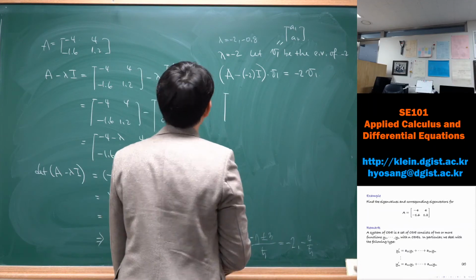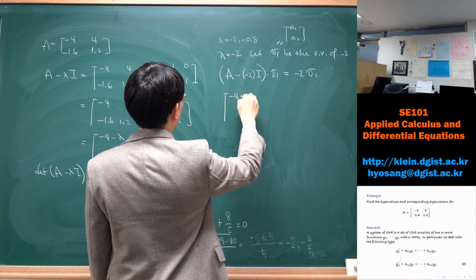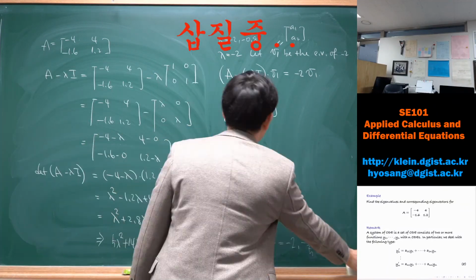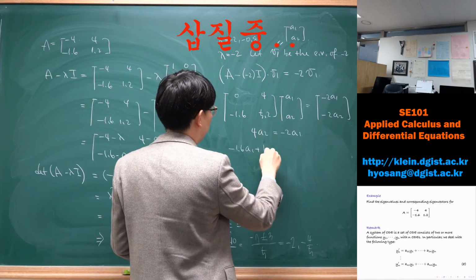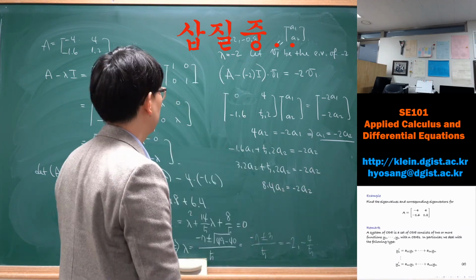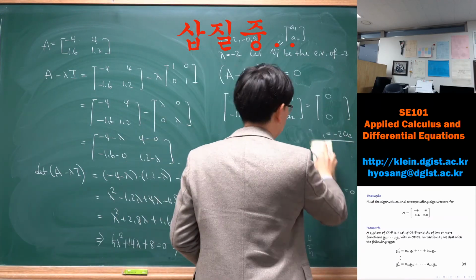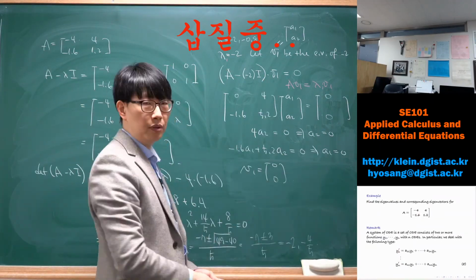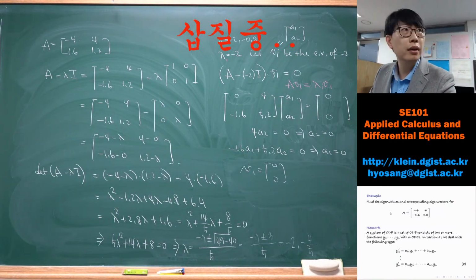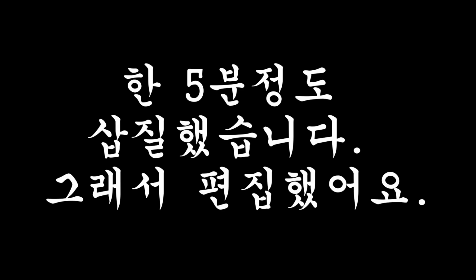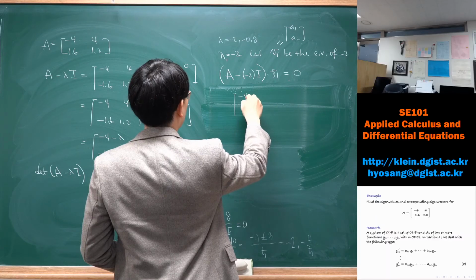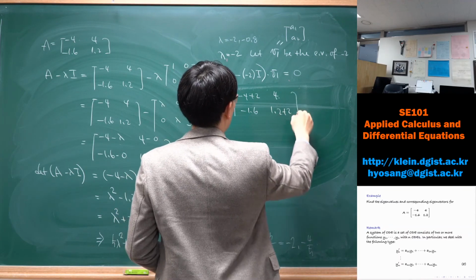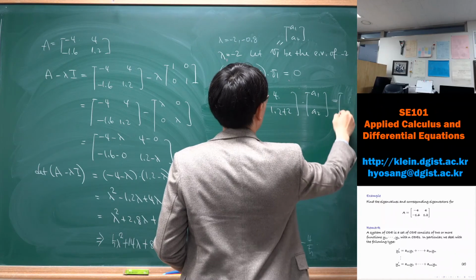I want to find that minus 4, 4, minus 1.6, 1.2, minus 4 plus 2, 4 minus 1.6, and 1.2 plus 2 times A1, A2 equals 0, 0.